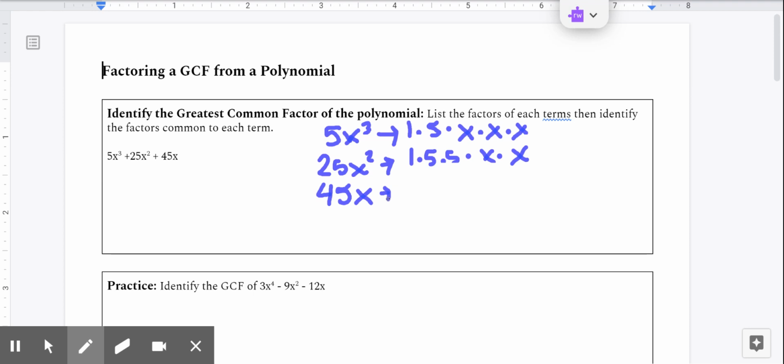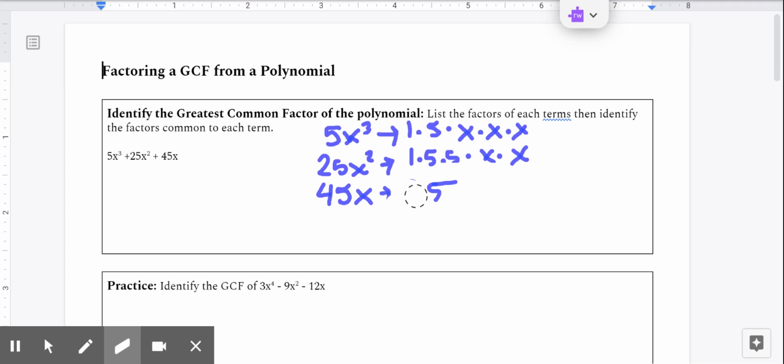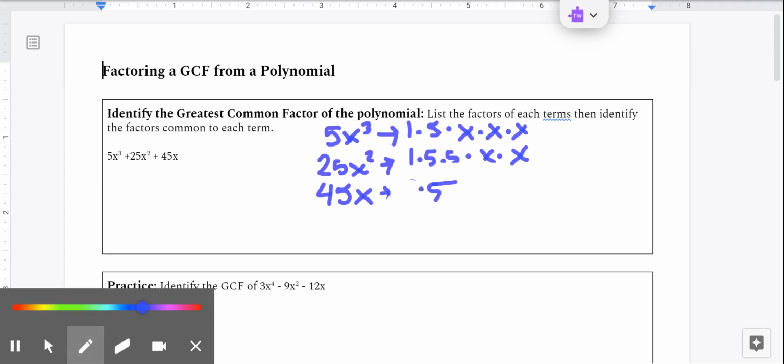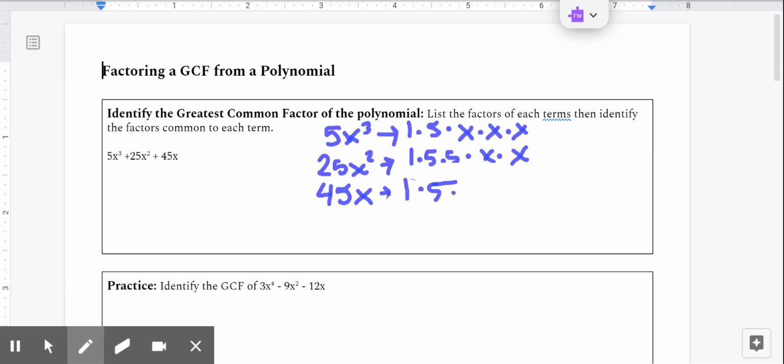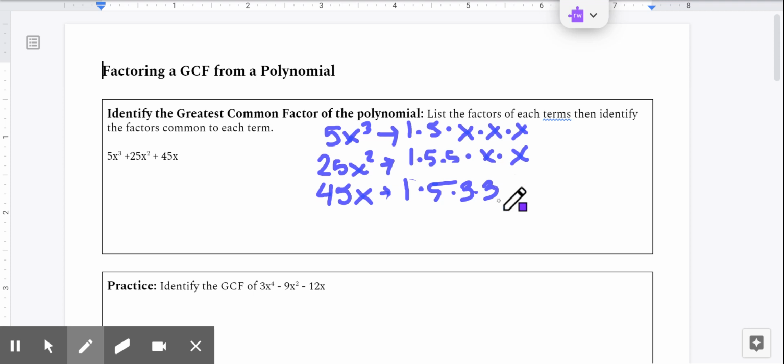You could think of it as 9 times 5, right? But that 9 is not prime. That 9 can actually be broken down further. So we could think of it as 3 times 3. So 1 times 5 times 3 times 3, right? 5 times 3 is 15, times 3 is 45.